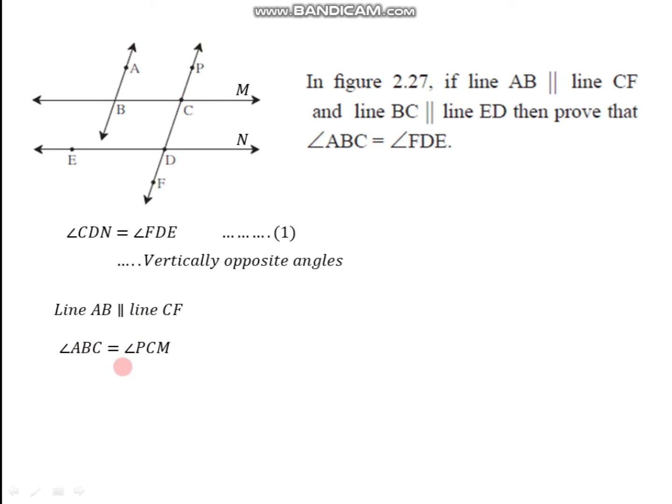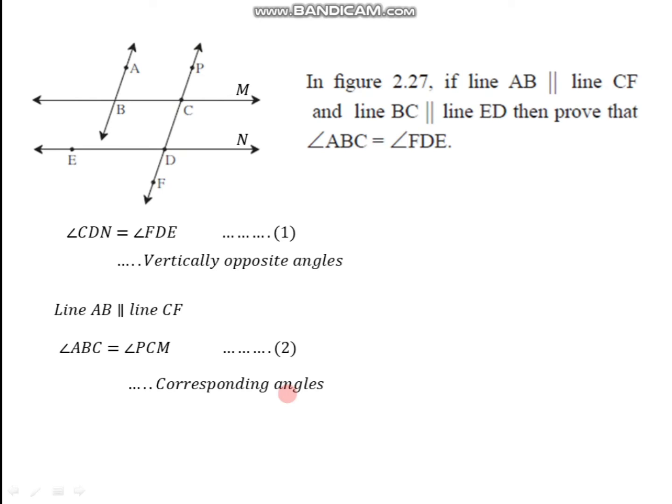Angle ABC is congruent to angle PCM, as these two are corresponding angles, because line AB is parallel to line CF and BC is their transversal. And we know that if two lines are parallel, then the corresponding angles are congruent. That's why angle ABC is equal to angle PCM. We call this equation number 2, and the reason is corresponding angles.